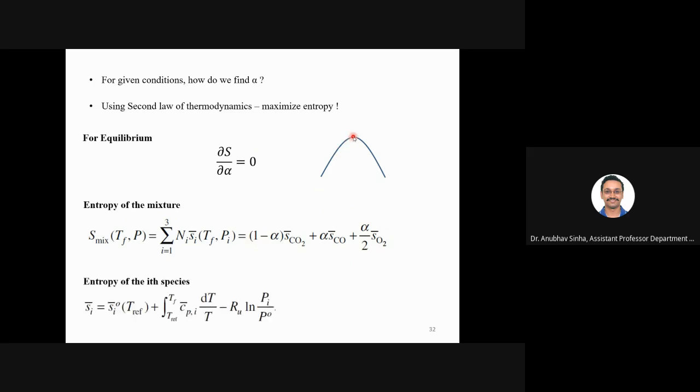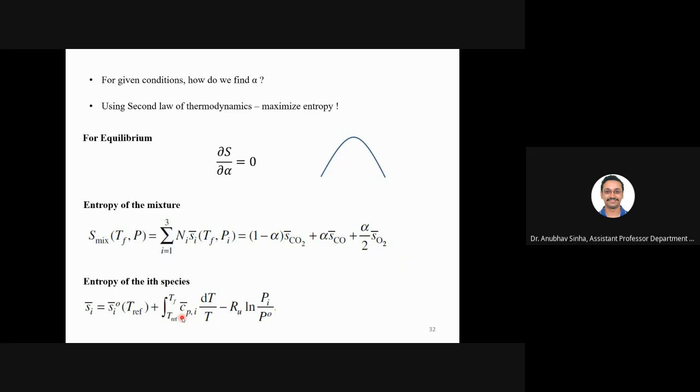These are for 2-3 species. If you have more than one species, you can just take a summation over all the species involved. Another interesting point is that entropy is also dependent on temperature, right? Cp dT. Let us say I'm talking about a constant pressure reaction. Cp will also change with temperature, as you have seen in the last class.